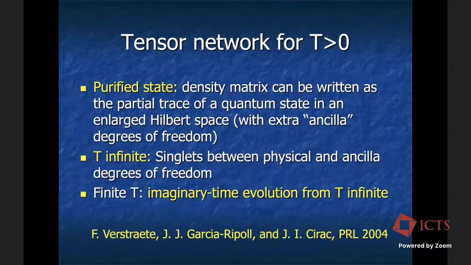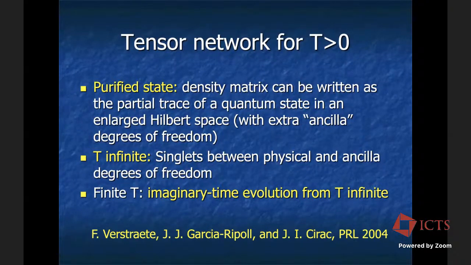Now, I suppose Philippe must have also mentioned this, but tensor networks can also be used at finite temperature. And this is again a method from quantum information using the concept of a purified state. To each degree of freedom, one can attach an ancilla degree of freedom, and consider the full system.